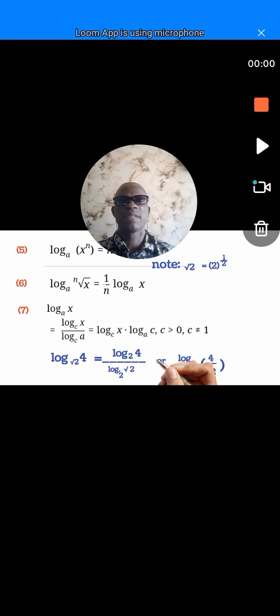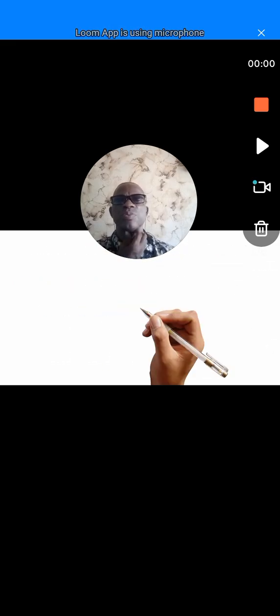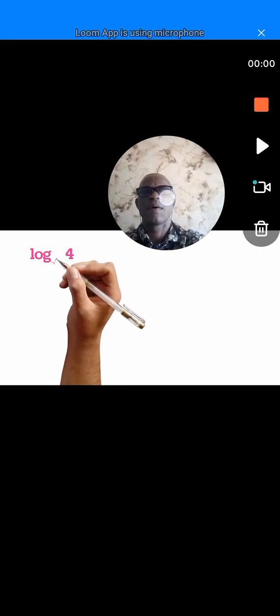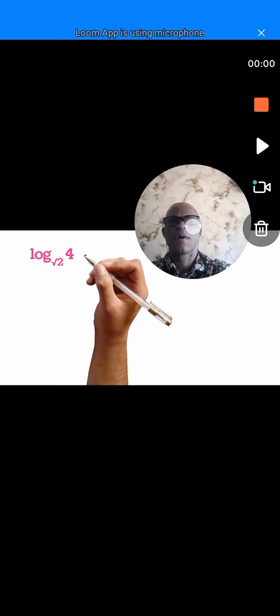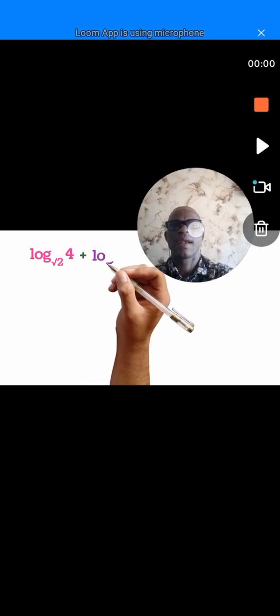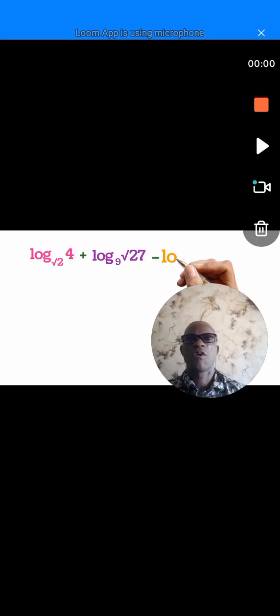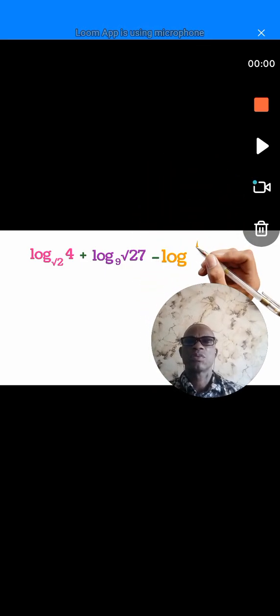Do not forget that log 4 base 2. Now the question: log 4 base root 2 plus log root 27 base 9 minus log 1 over 5 base 5.